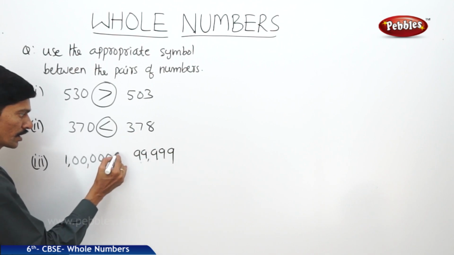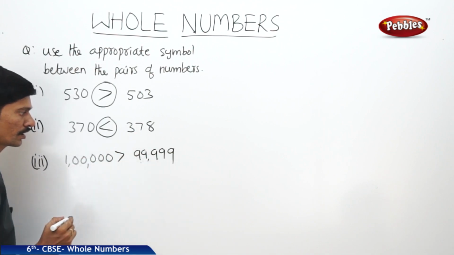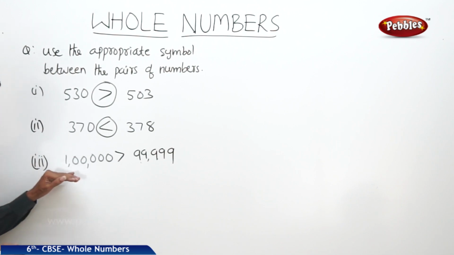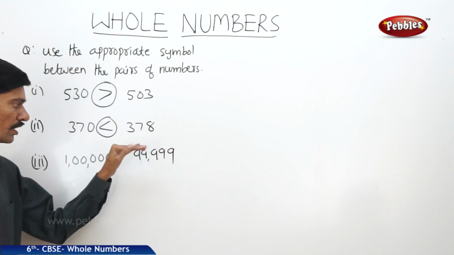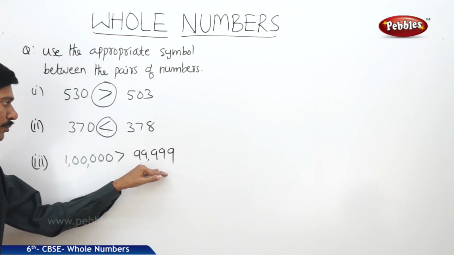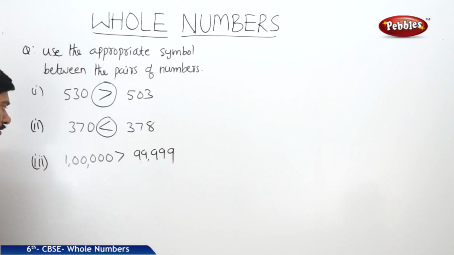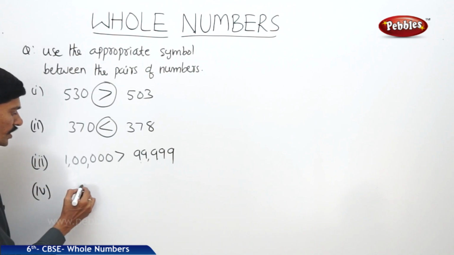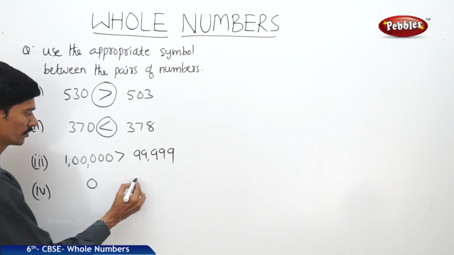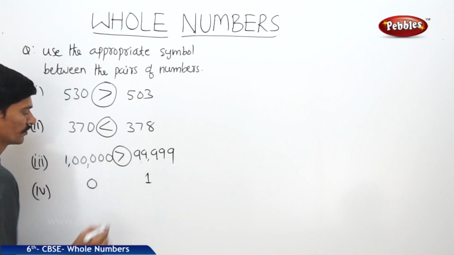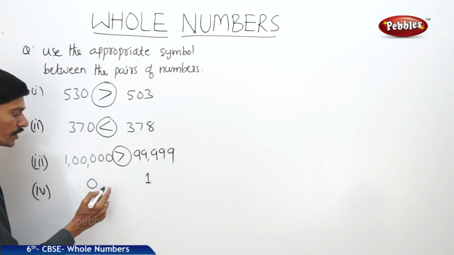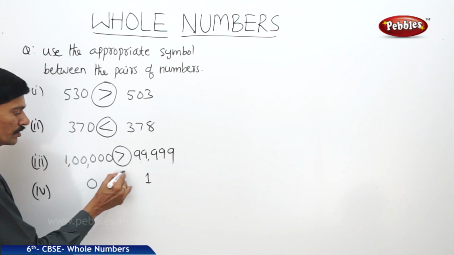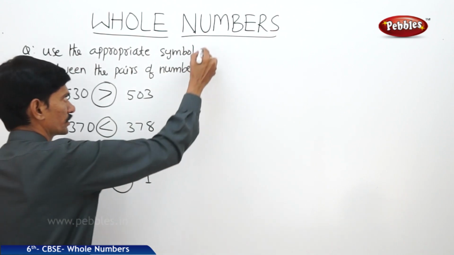So here 1 lakh is greater than 99,999, and of course 1 lakh is the successor of 99,999, and 99,999 is the predecessor of 1 lakh. Next, 0 and 1. Here 0 lies on the left of the other number 1, so we can write that 0 is less than 1.